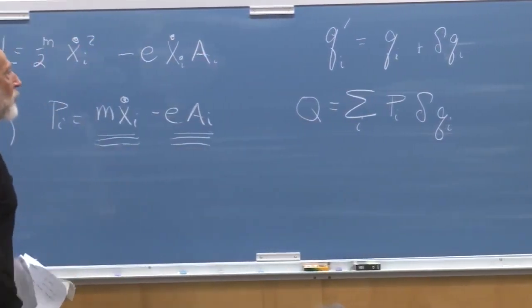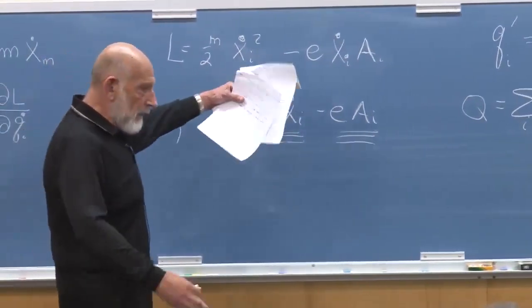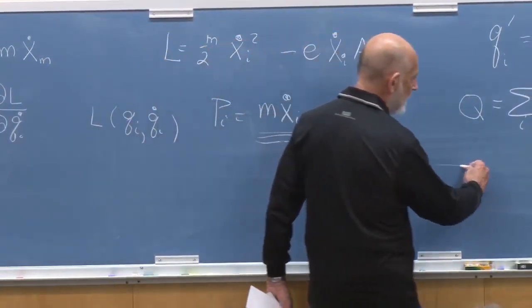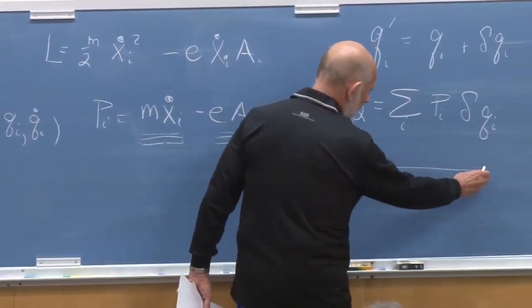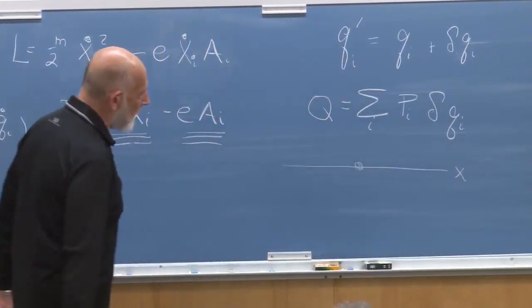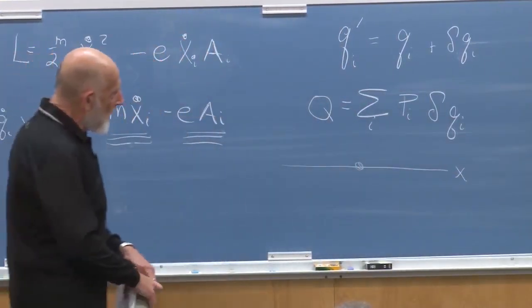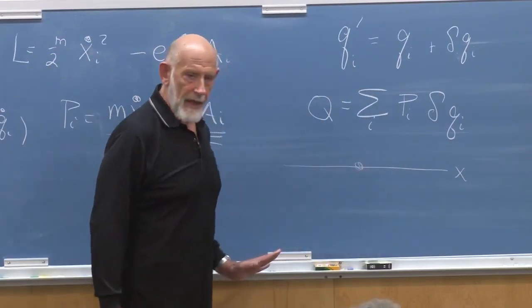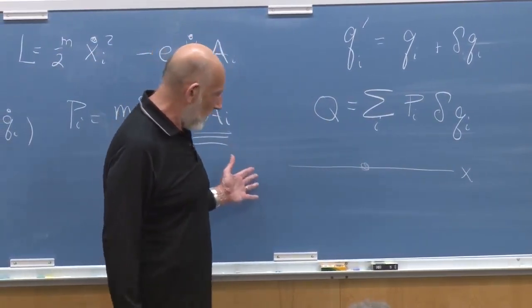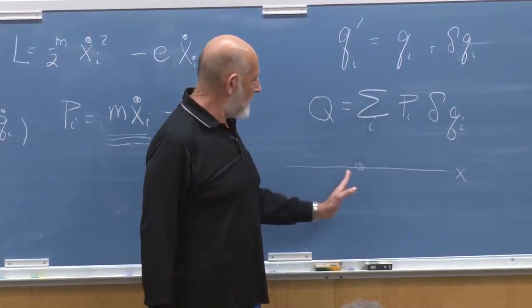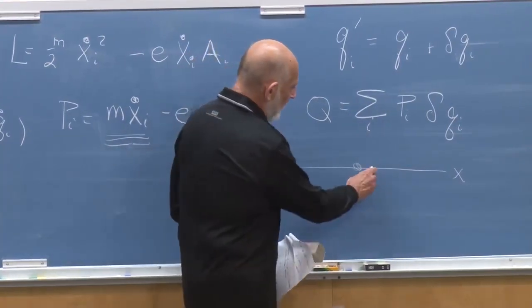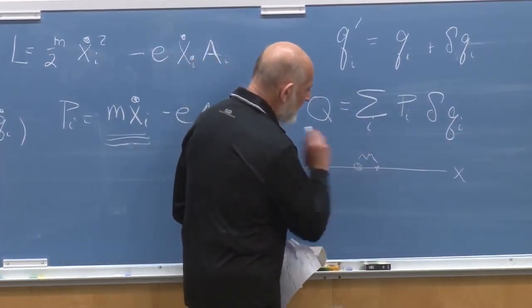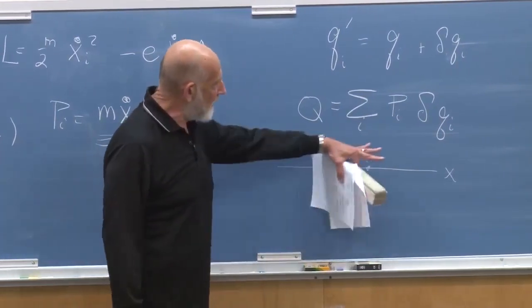So for example, if q happens to be the x position of a particle, then when you translate the coordinates, all that happens to x is it shifts by a little amount. And the amount that it shifts by is independent of x.